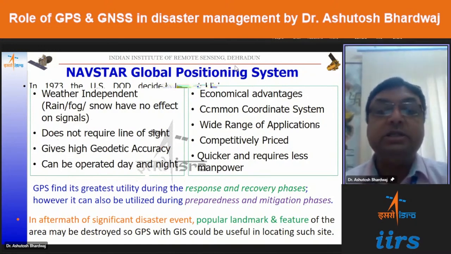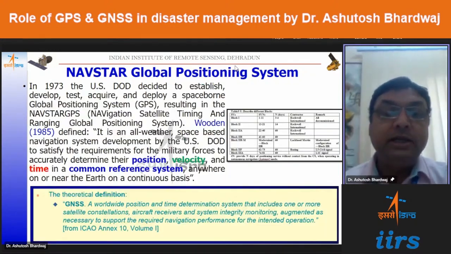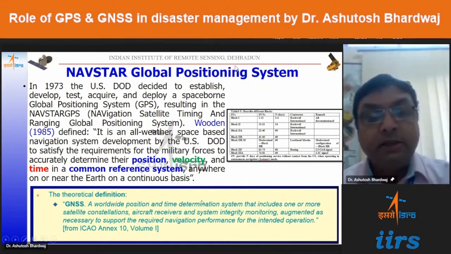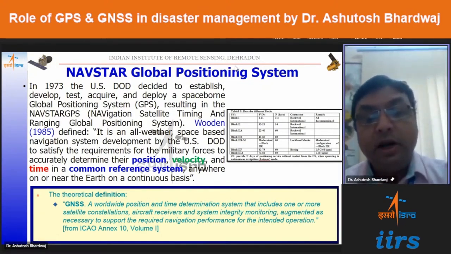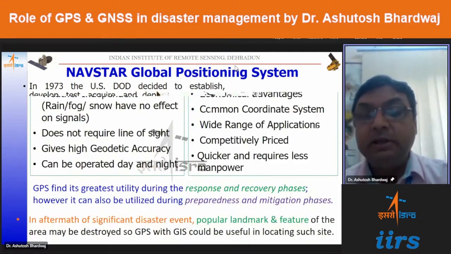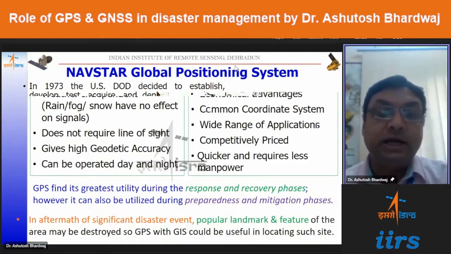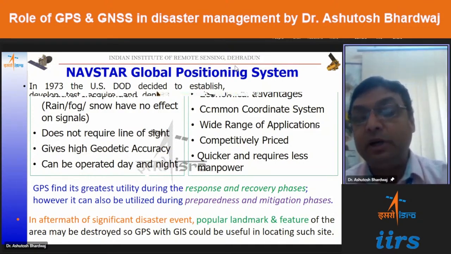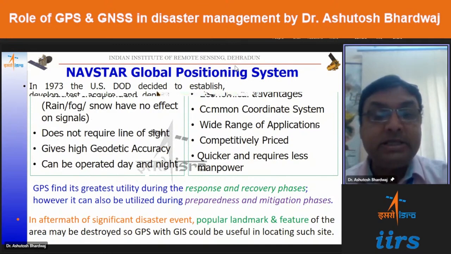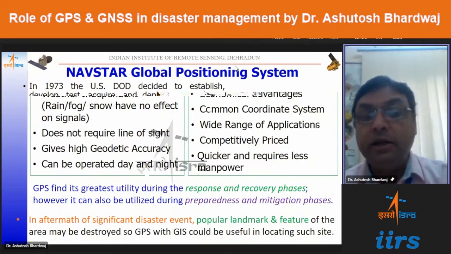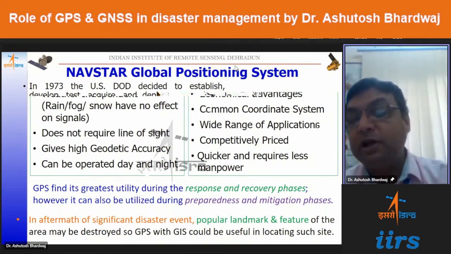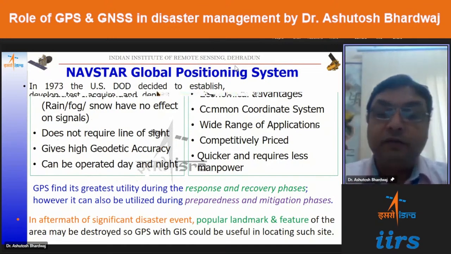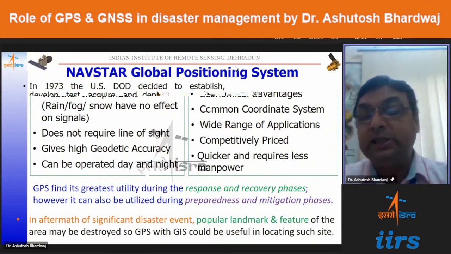So they see the entire system as an integrated system, and that is why their definition, I quote, goes like this: a worldwide position and time determination system that includes one or more satellite constellations, aircraft receivers, and system integrity monitoring, augmented as necessary to support the required navigation performance for the intended operation. Unquote. So this is the definition of the GNSS provided by the ICAO.